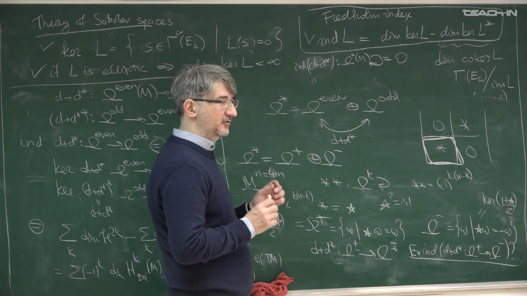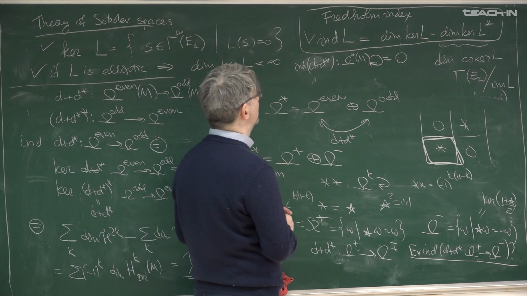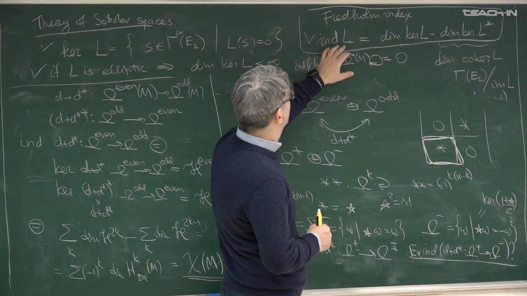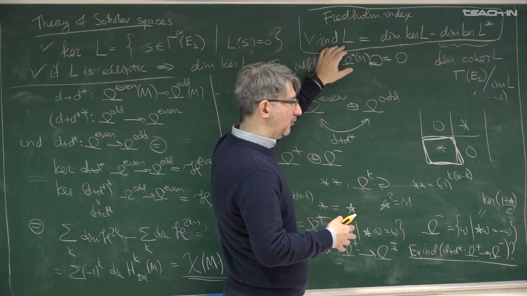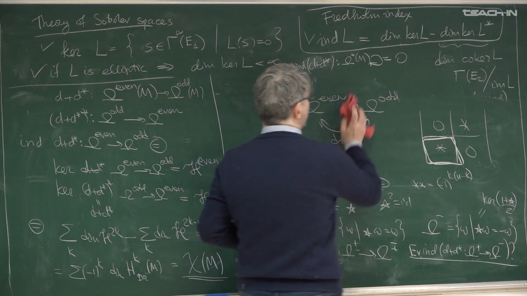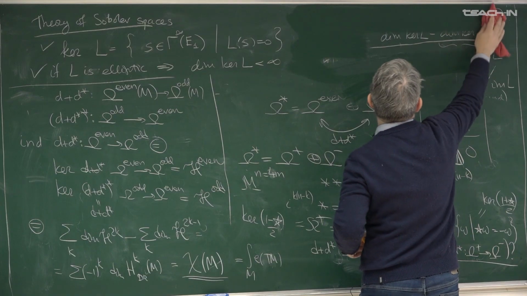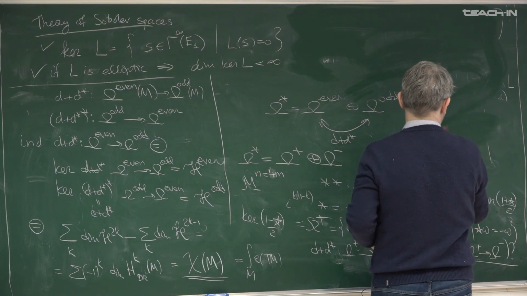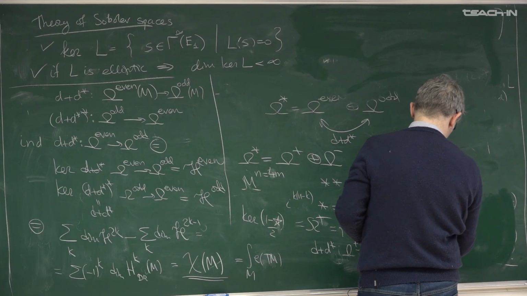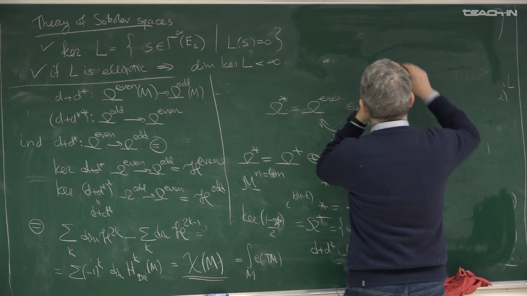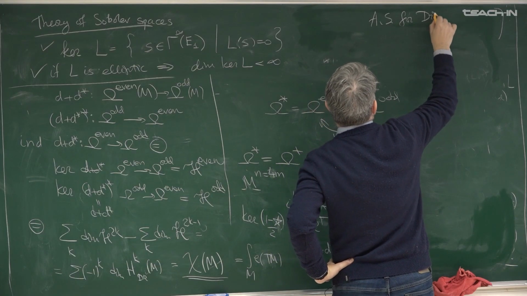So we already discussed what is happening in the left-hand side of the Atiyah-Singer theorem. This is the index of some specific operator. The formula which we will discuss is about the index of a Dirac-type operator. So we discussed the Atiyah-Singer formula not in the general case, but for Dirac-type operators.